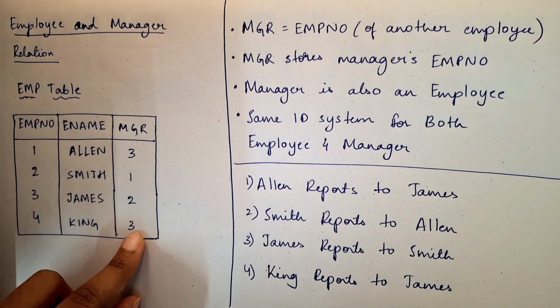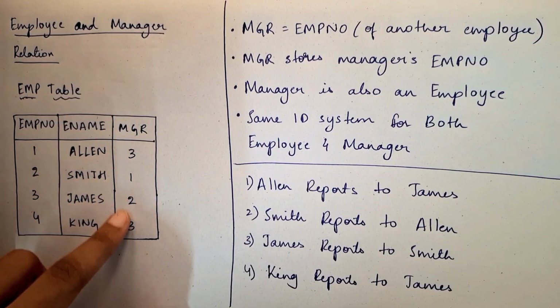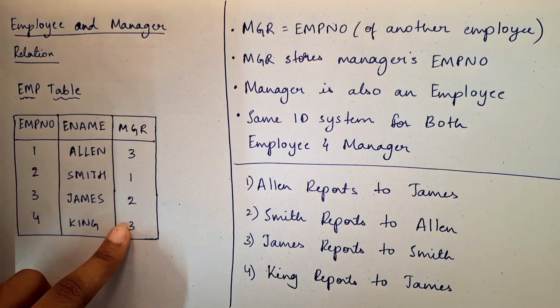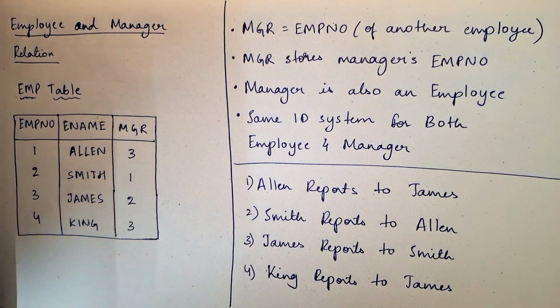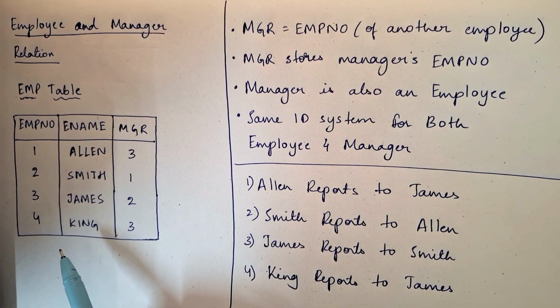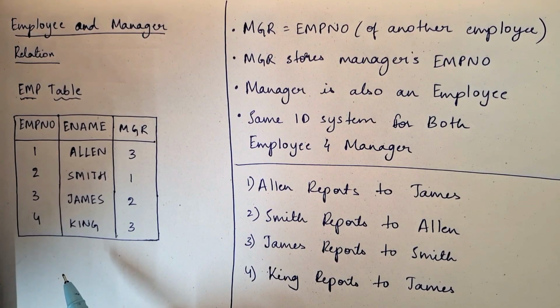Now one important thing you need to understand here, please listen carefully, is that the values in the MGR column are not random numbers, they are actually employee IDs only. That means the employee number and MGR are from the same set of values.